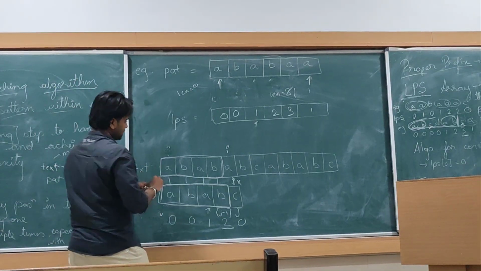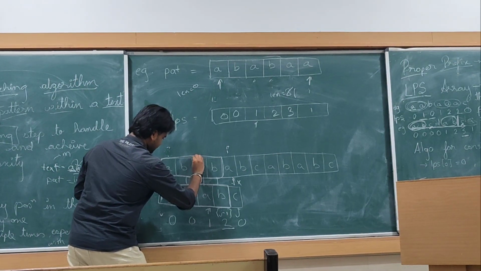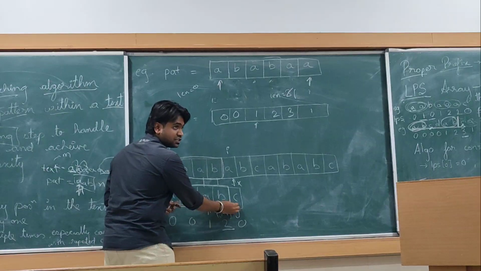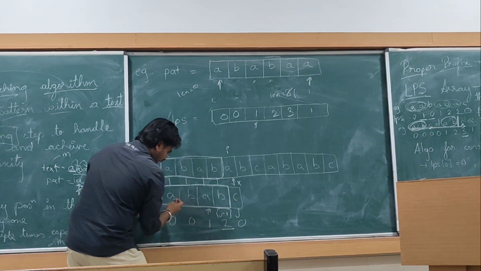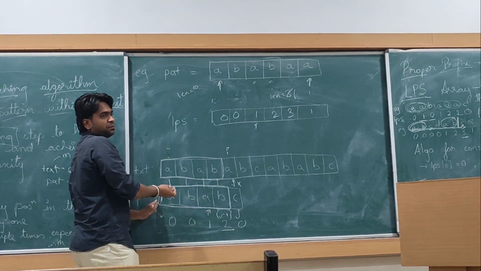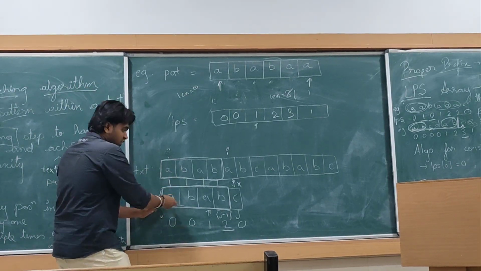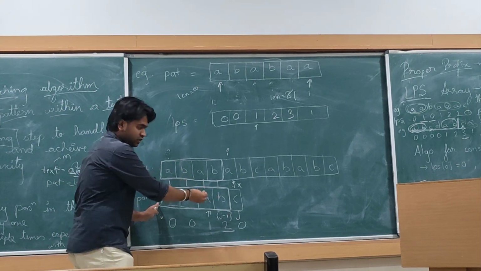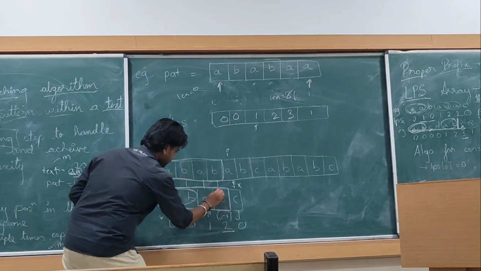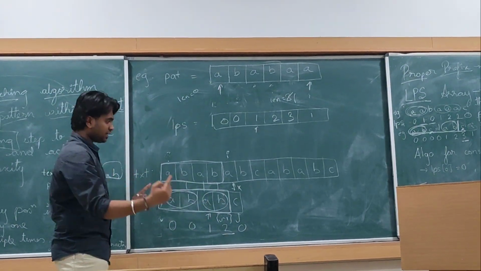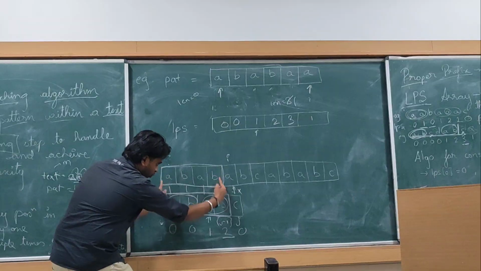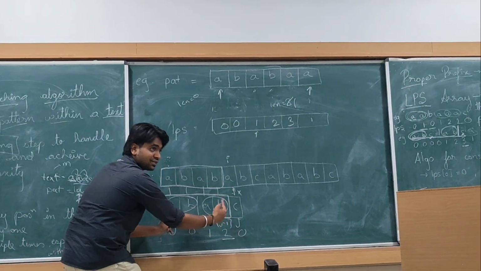Why? Because ABC was matching. If I look at the LPS of j-1, it is 2. What's the meaning of that? There is a length 2 prefix which is also a suffix, which is nothing but AB and AB. Now just imagine this, that this whole part has matched.